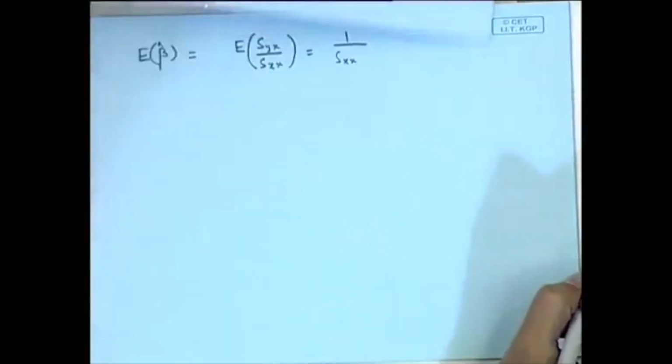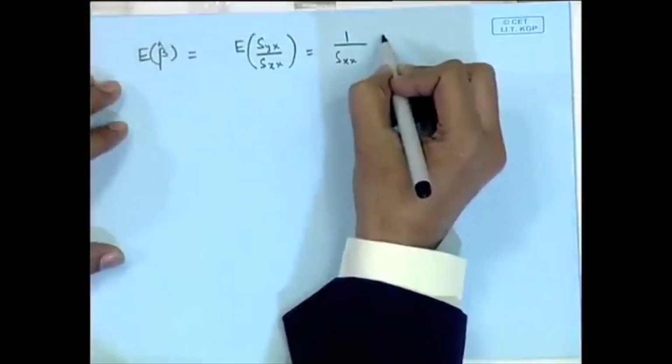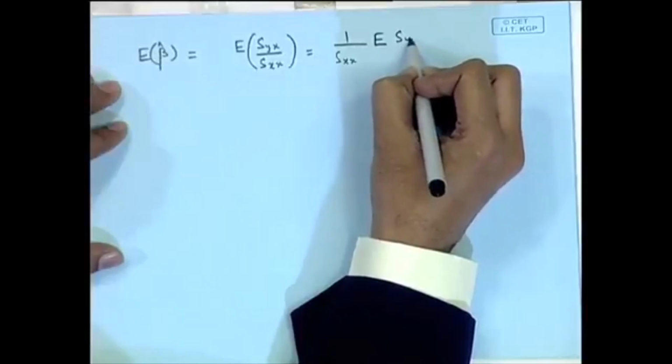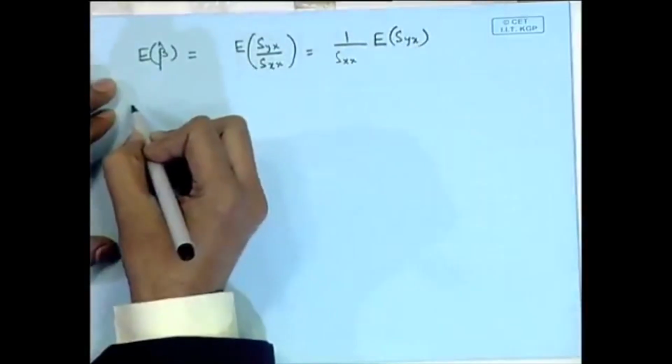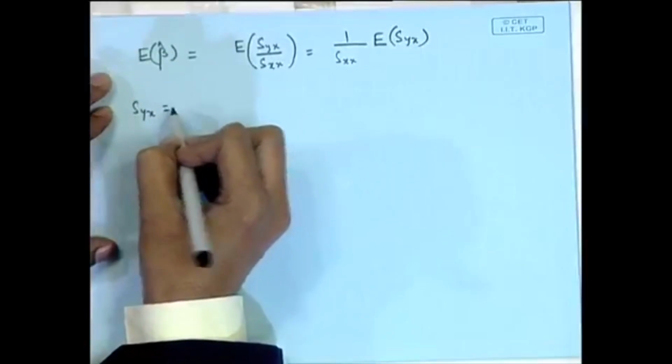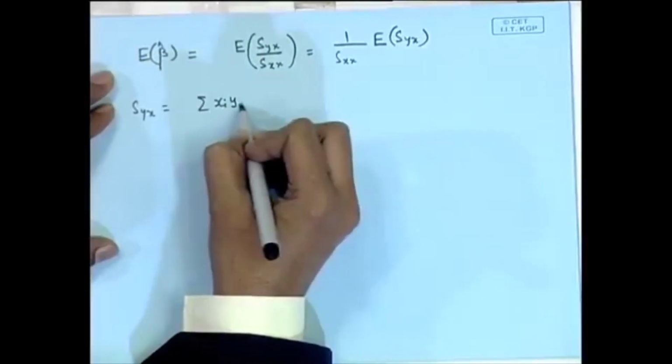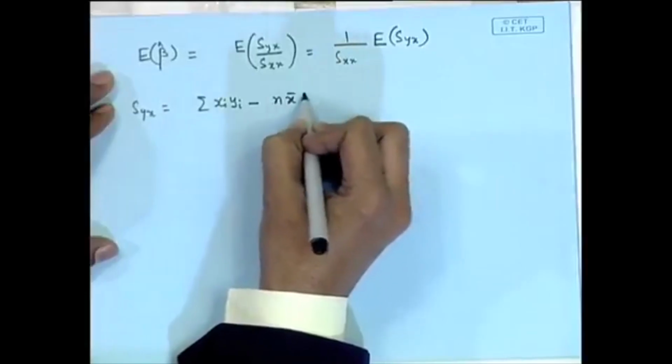So, if we make use of this, it is related to expectation of S y x. Now, let me calculate this S y x term. So, S y x is equal to sigma x i y i minus n x bar y bar.